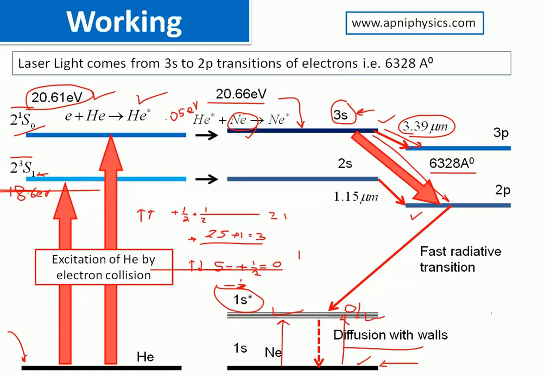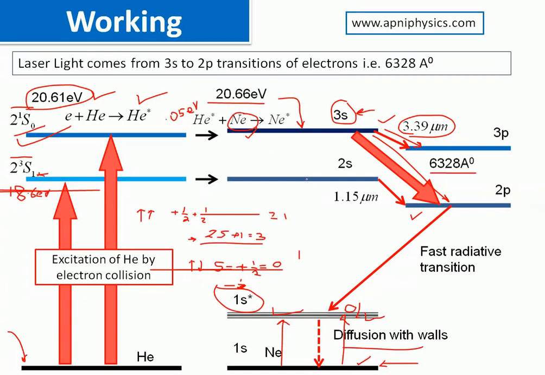So these are the 3 energy levels of the neon atom, and one is of the helium atom, this upper one, that corresponds to the singlet. So these 4 energy levels play the role in the helium neon gas laser.